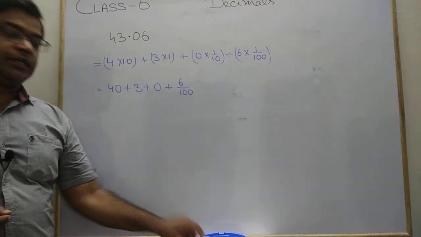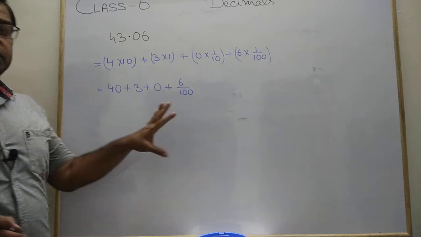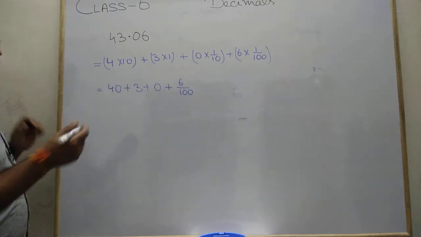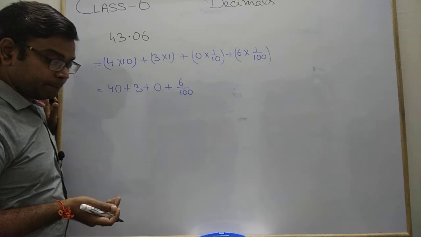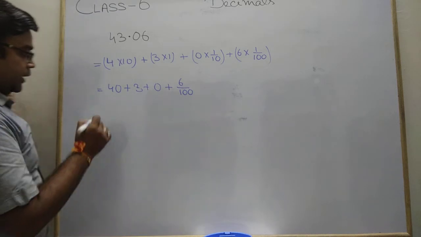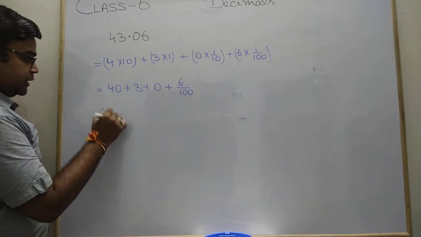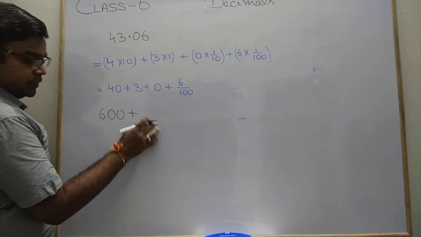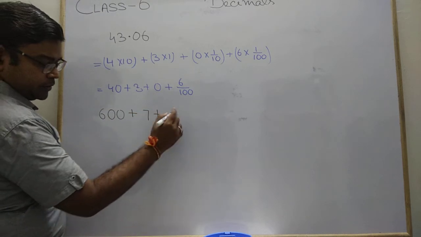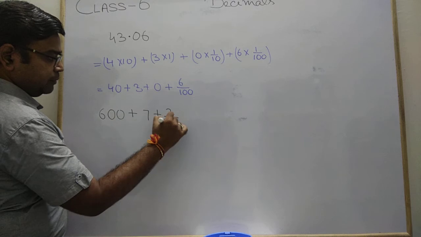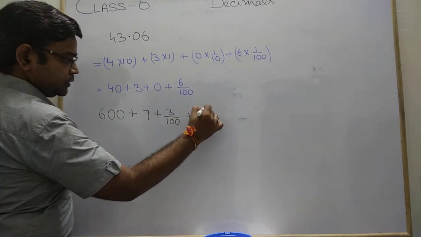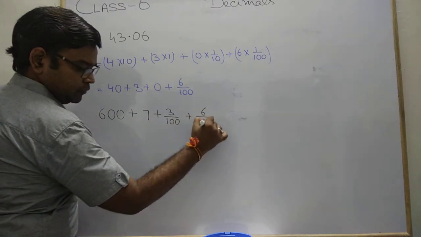If an expanded form is given and you have to write it in decimal form, how do you solve it? For this I am using one question from your book. It says 600 plus 7 plus 3 upon 100 plus 6 upon 1000.